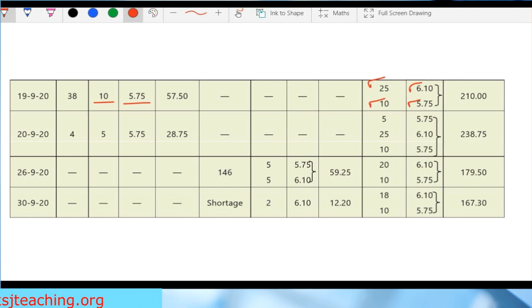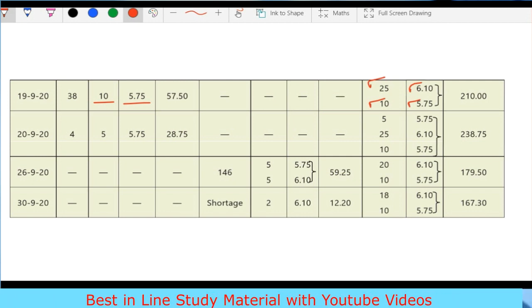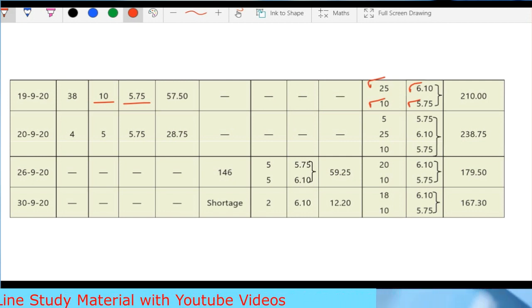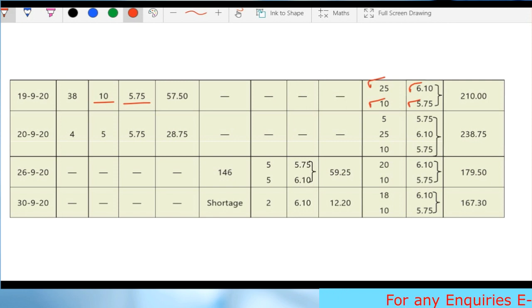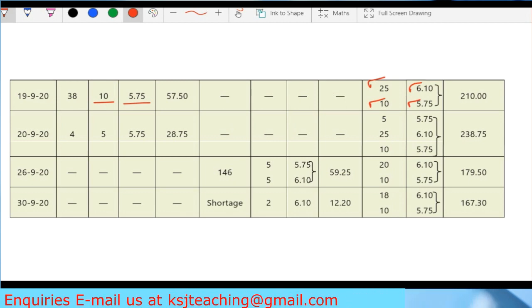Sir, can't you take these 10 units earlier than the 25 units? No, because we have received that stock now. You can't say that we received this stock earlier also, sent it back, and then received it again. We are recording when we are receiving the stock. So these 25 units were received earlier, these 10 units were received later on. That is why we will be recording it later on, and we will be issuing it later on.